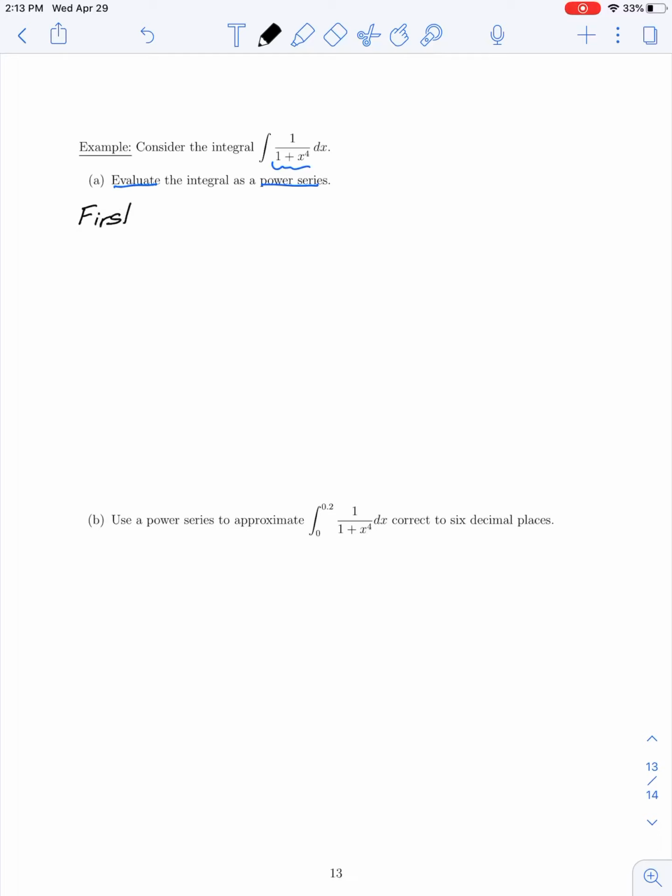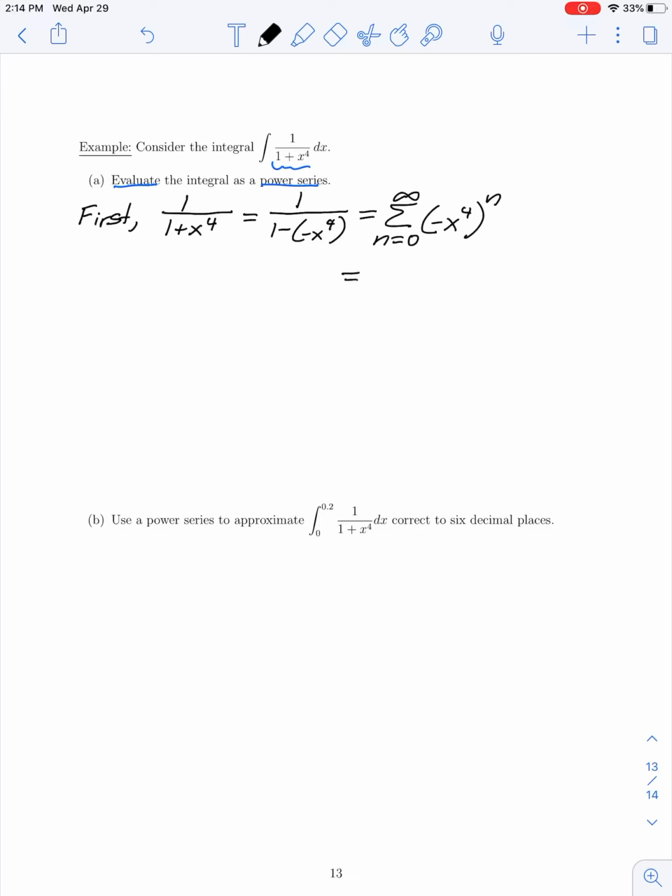My first step would be to express our integrand, 1 over 1 plus x to the fourth, as a power series. And to do that, we could rewrite it in the form of the sum of a geometric series. That is 1 over 1 minus negative x to the fourth, which would be the sum of a geometric series from 0 to infinity of a, which is 1, times r, which is negative x to the fourth, to the nth power.